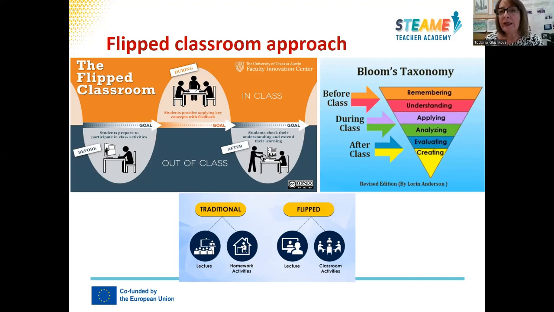Also, we can see that according to Bloom's taxonomy, in these three periods of the flipped classroom all the levels of Bloom's taxonomy are reached. Before class, the students can reach the levels remembering and understanding, during the class applying and analyzing, and after class evaluating and creating.